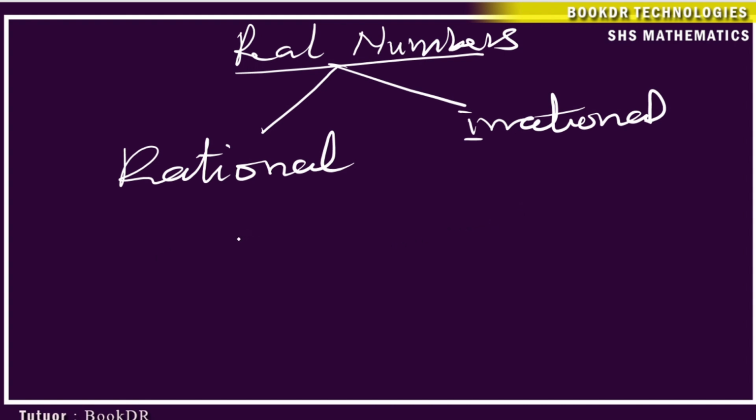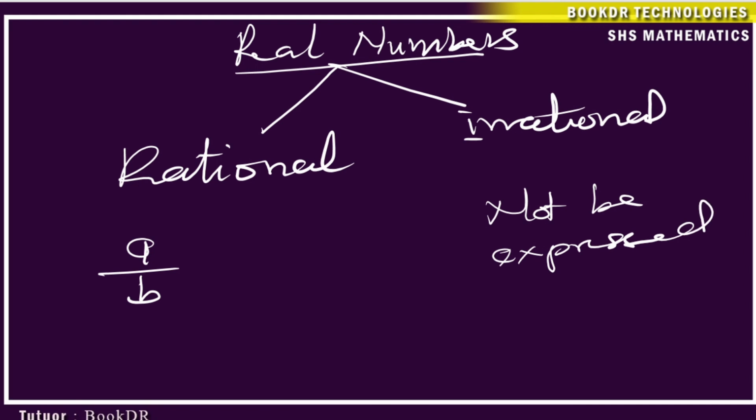The rational numbers are numbers that can be expressed in the form a over b. Any number that can be expressed in this form is known as a rational number. Irrational numbers, however, cannot be expressed in the form a over b. That is the only distinction between rational and irrational numbers.